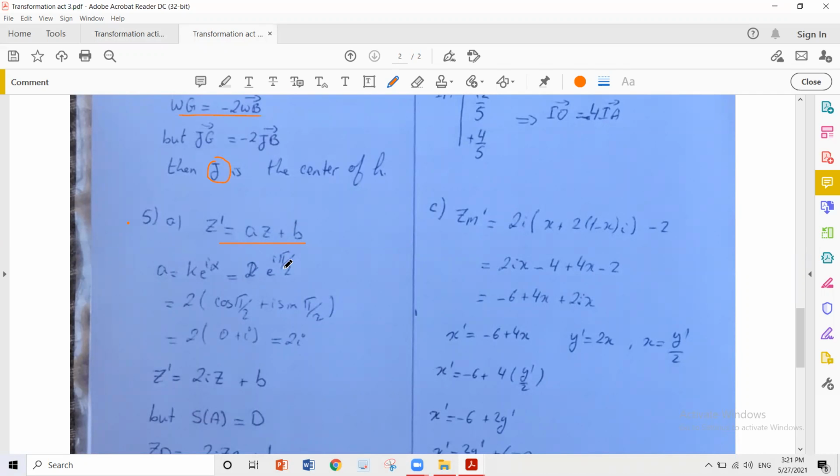The ratio is 2 with angle pi over 2. It will become 2 into cosine pi over 2 plus i sine pi over 2. The ratio minus 2 is for H, and this one is for S. So Z prime equals 2iz plus b.